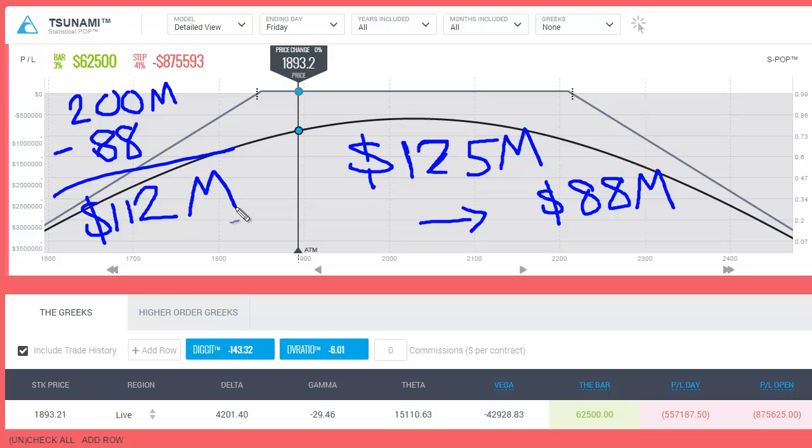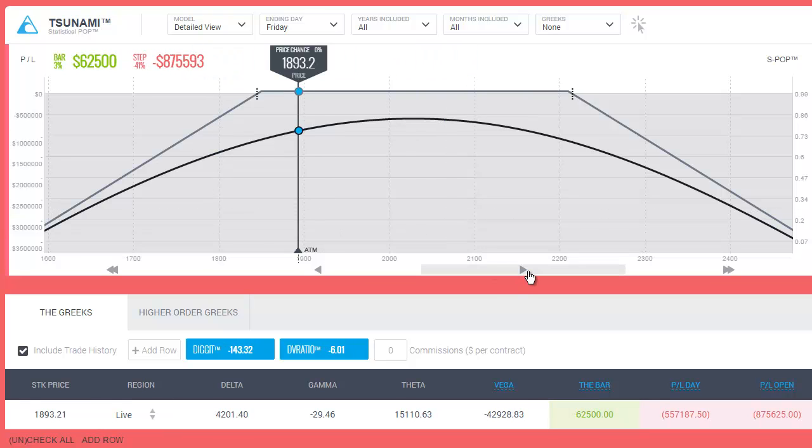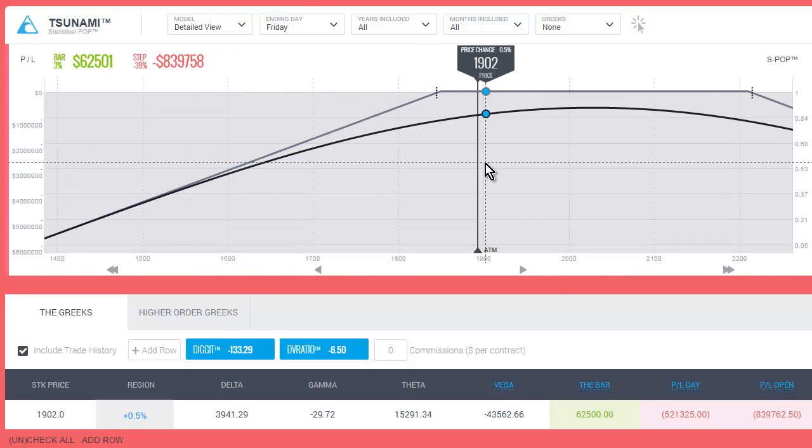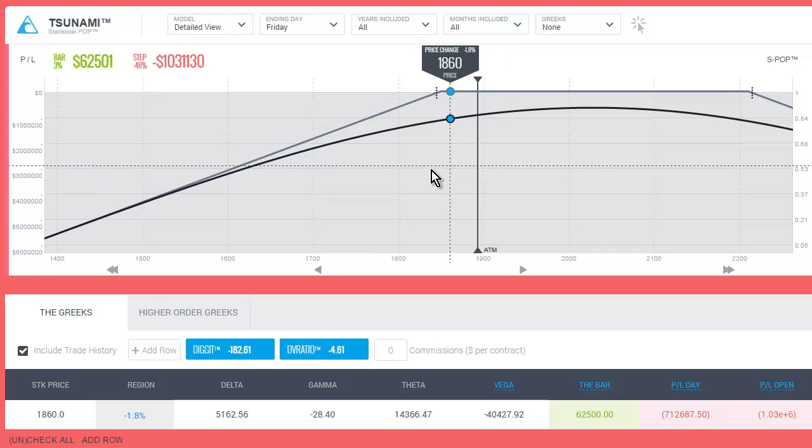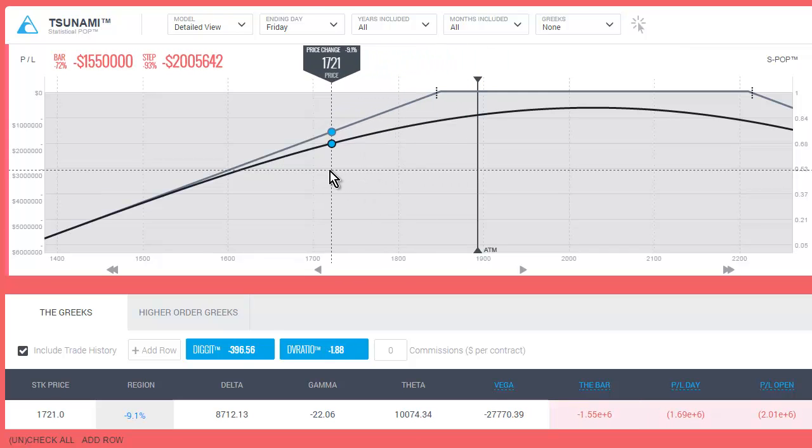But the other thing to note, and we're going to calculate it right now, is the new margin requirement. We have 112 million left, but let's see what that new margin is. From here, now we have to measure down another 10% in either way.